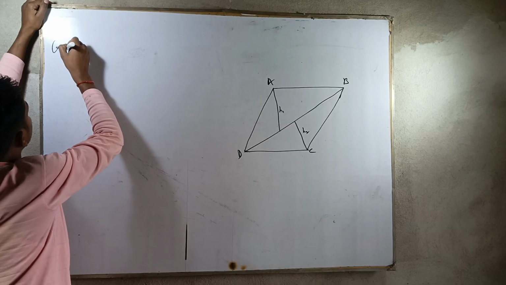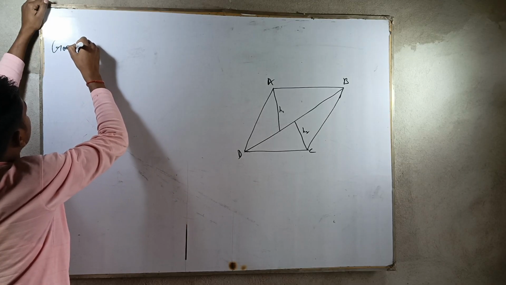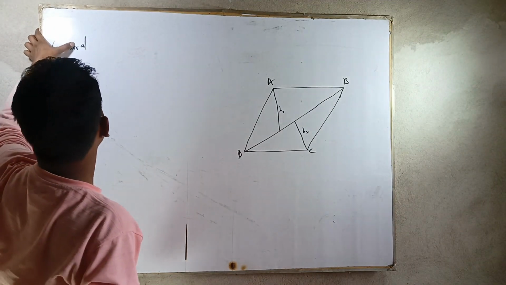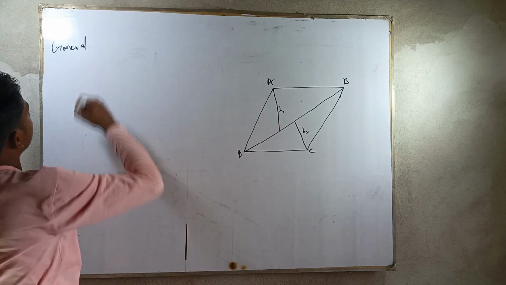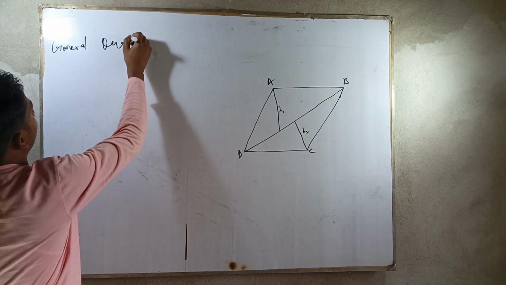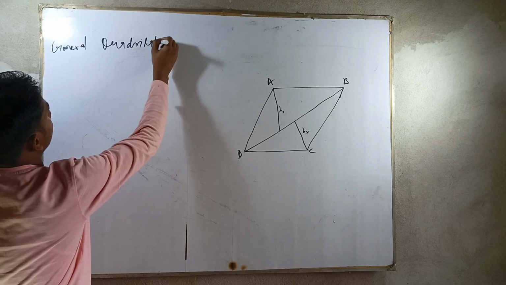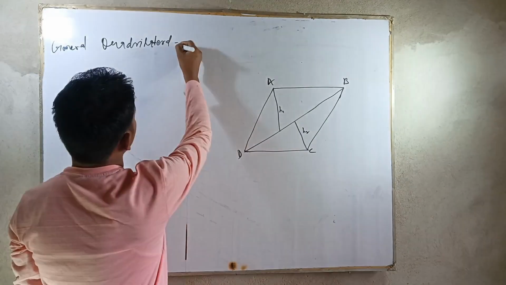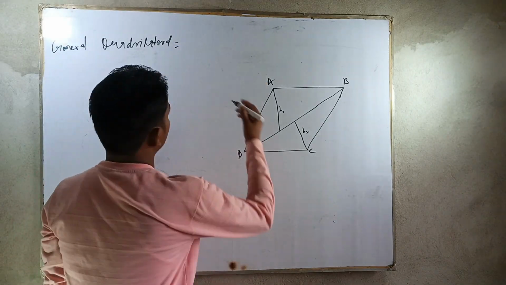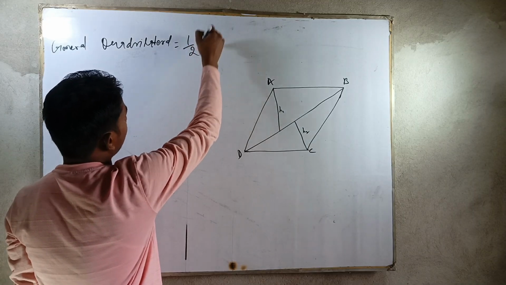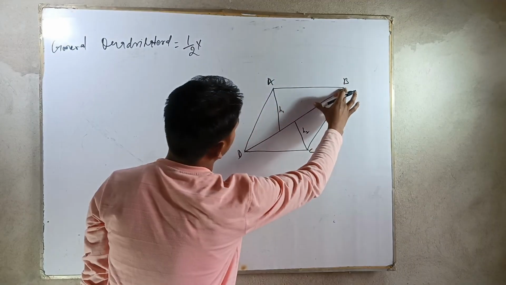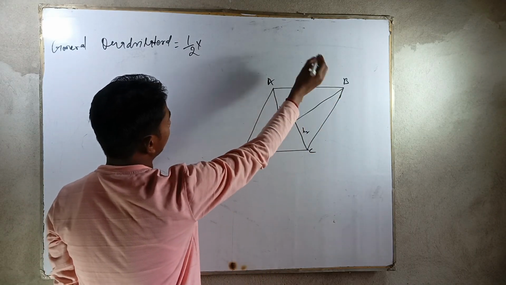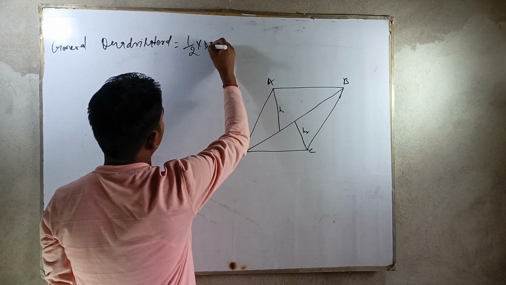In a general quadrilateral, if I write 1 by 2, 1 by 2, and this one is a diagonal, then the diagonal is DB, D and B.